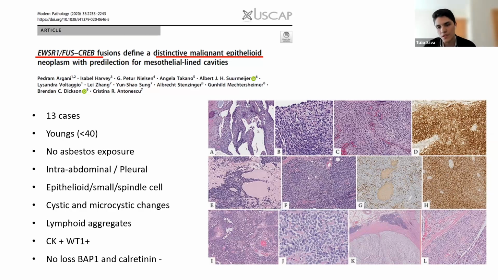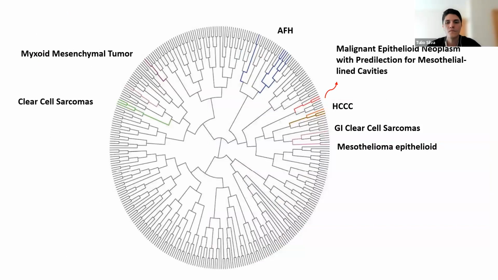Cytokeratins and WT1 positivity, no loss of BAP1, and desmin negativity also fit very well with our tumor's features.